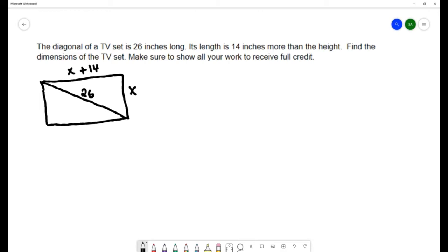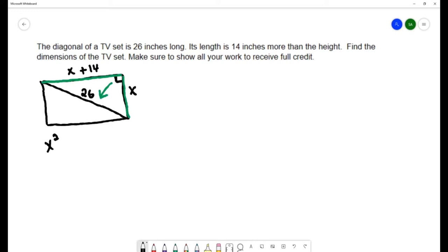So we're going to be able to find the dimensions of the TV set by using Pythagorean Theorem. So this creates a right angle, and using Pythagorean Theorem we know that we can relate the sides of the triangle. So with Pythagorean Theorem we take the square of the legs. So these two right here, this side and this side are the legs, and the side that is opposite of the right angle is called the hypotenuse.